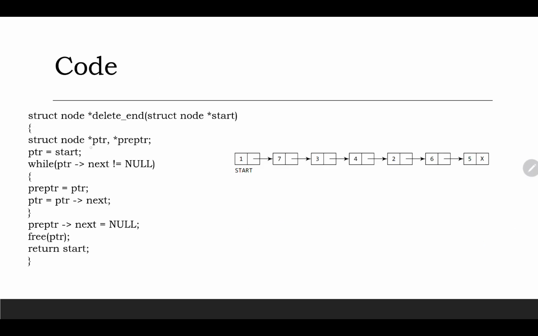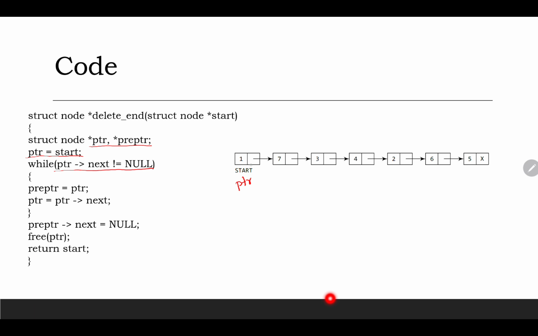Here we are using two pointer structure variables, ptr and pre-ptr. Next we assign ptr equal to start, so we are making the start node the ptr node. Then we check the condition ptr->next is not equal to NULL.